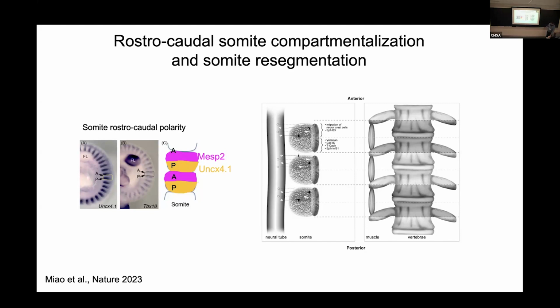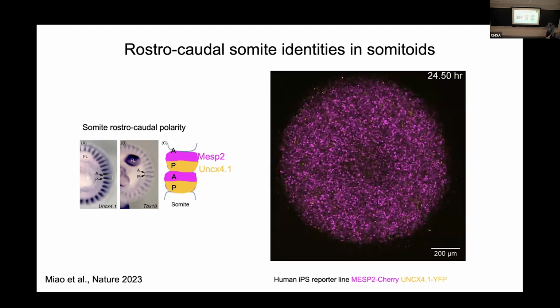I actually didn't realize, until he mentioned it yesterday, that this work could relate to this, because it's been mostly discussed in the context of the second part of his talk, with the work from James Briscoe's lab and Eric Sijian and others. But if you want to study this in the embryo, what you can do is engineer reporters for genes specifically expressed in the posterior and anterior compartments.